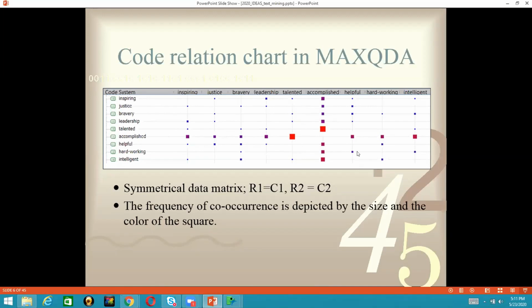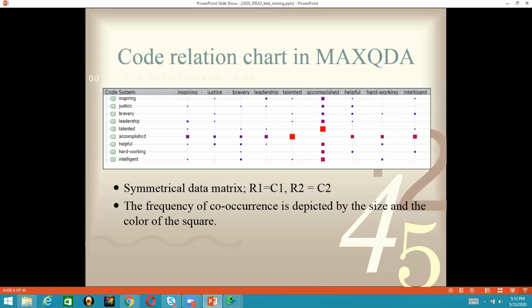This is a symmetrical matrix, and the count of co-occurrence, or the association between concepts, is depicted by the size and also the color of the square. Like this one, you see a big red square, which means when people mention this concept, they tend to mention that concept.